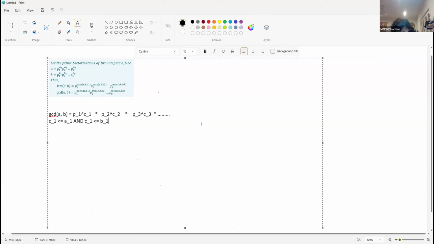A number divides another number if and only if the power of every prime is lower. It's quite easy to prove, but maybe it's a bit difficult to understand at first. So maybe you guys should think about it.